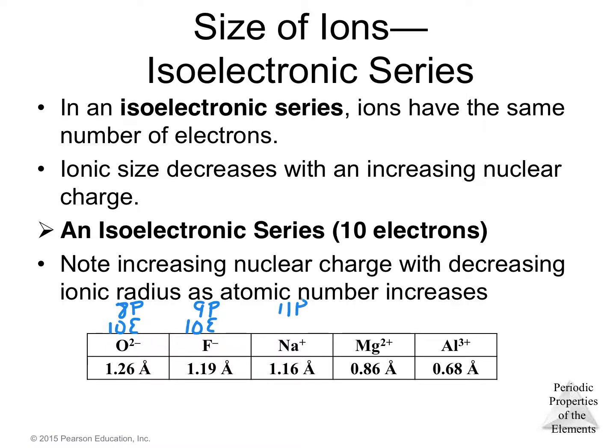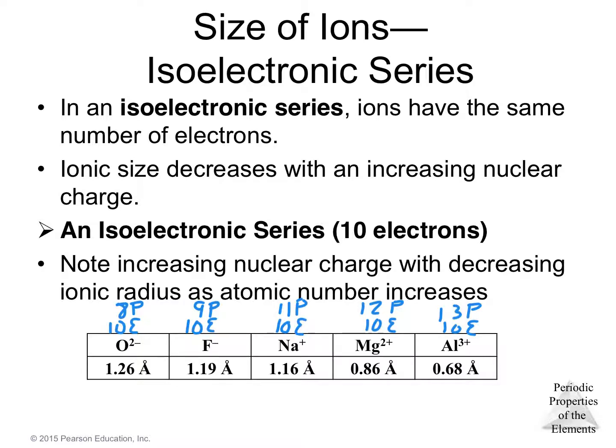Sodium has 11 protons. If it has a charge of +1, that means it has given away an electron. It has 10 electrons. So hopefully you're seeing that there's a trend. All of these are going to have the same number of electrons. We can predict which one of these will have the largest ionic size.